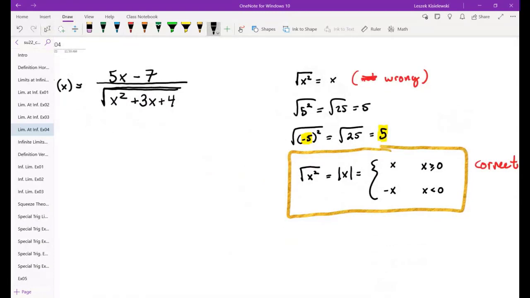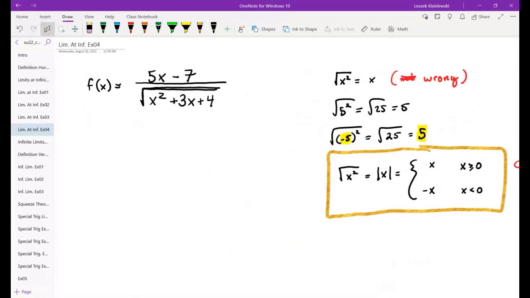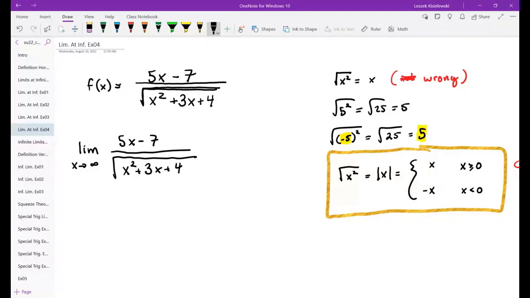Let's now find horizontal asymptotes, if any, of this function. So we are going to find the limits at infinity. So first, plus infinity. Okay, so here I'm going to look for the highest power of x.